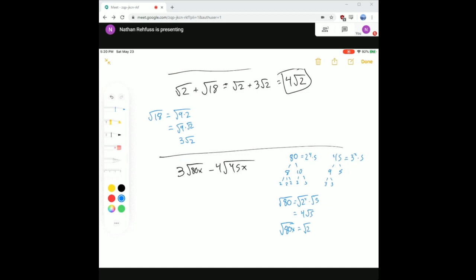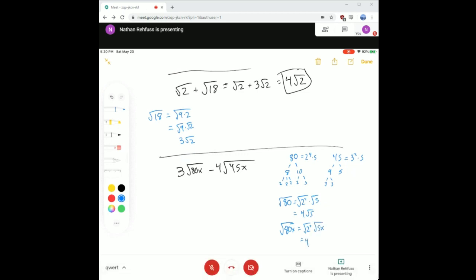Root 2 to the 4th, root 5x, which is 4 root 5x. 45 is 3 squared times 5, and that means root 45x is root 9 root 5x, so it's 3 root 5x. So I can rewrite this expression.